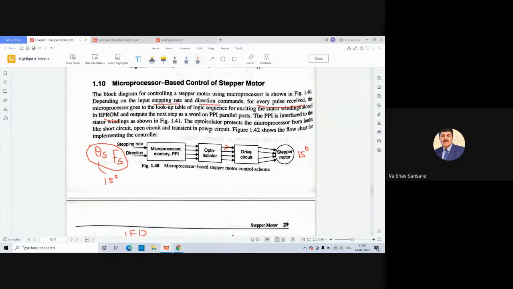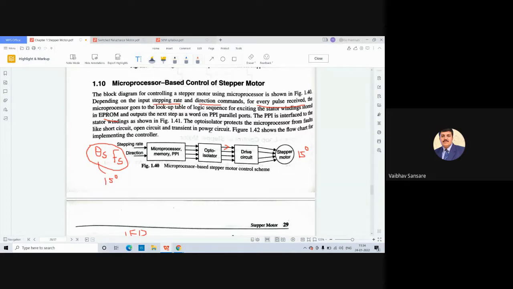Now this PPI is interfaced to the stator winding through optocoupler and gate driver circuits. Whatever logic sequence is generated at this PPI is applied to the driver circuit through electrical isolation.